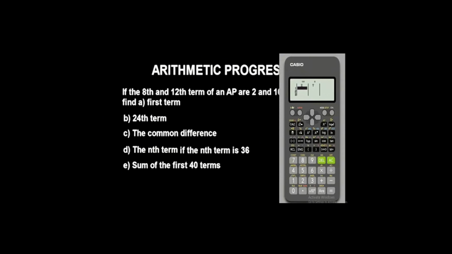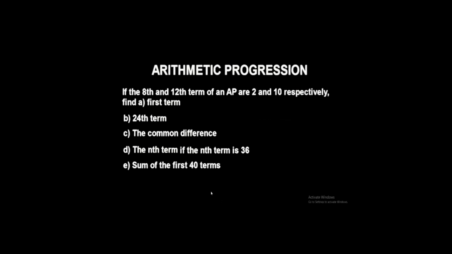Okay, so for the x values, the question says once more, if the 8th and 12th term of an AP are 2 and 10 respectively, find the following terms: first term, 24th term, common difference, and the rest of them. Now guys, the x values would be your number of terms.